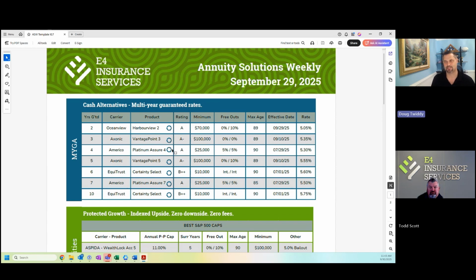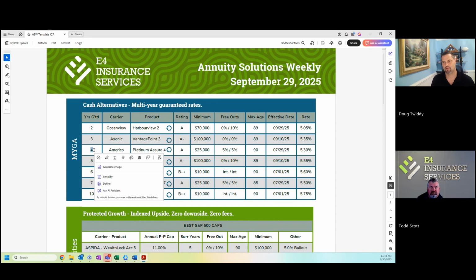To come back to this weird circulating arrows of a circle, we show that this is the number of years that the rate's guaranteed. At the end of the guarantee period, most annuities, not all, we have lots that don't do this, right?